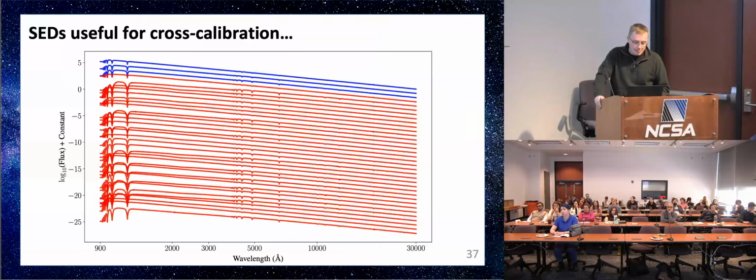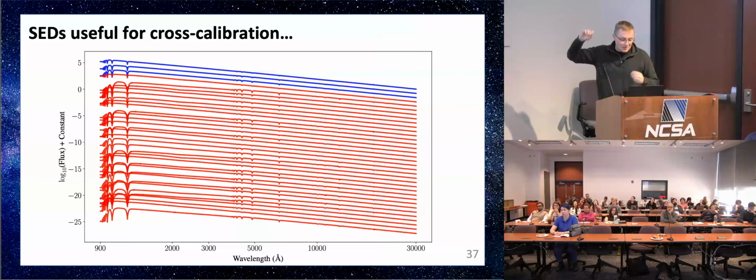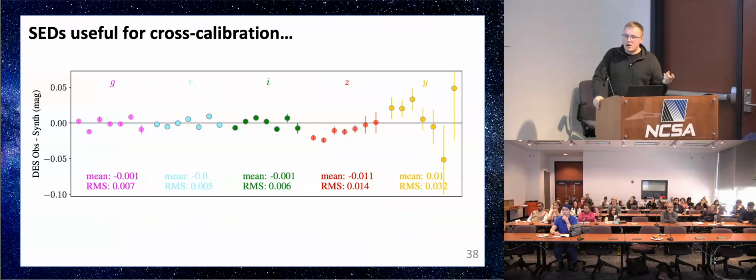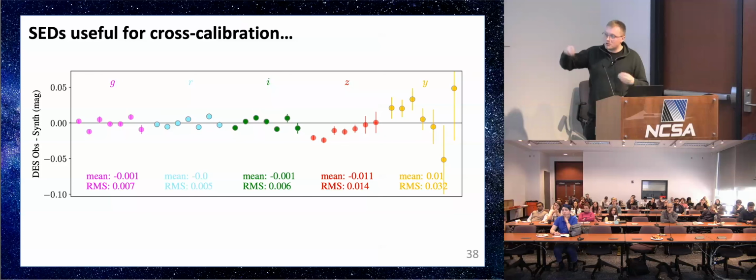So the SEDs that we get, here's what the SEDs look like that we've managed to model. You can then convolve them with bandpass filters from whatever survey you like in order to do cross-calibration. So I get a prediction of what my synthetic magnitude should be for this survey, and then I can plot the residuals between that and the observed data.